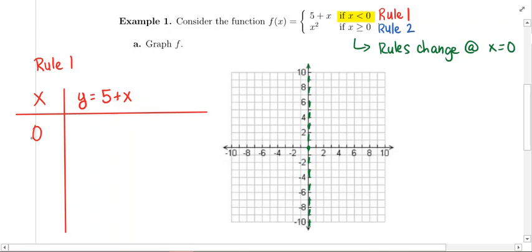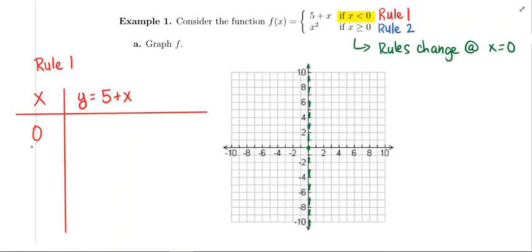The rule changes at x equals 0. I know this requirement says x has to be strictly less than 0, but to get this right, you have to put 0 in the table. So whenever you make a table, no matter for which rule, the first thing that needs to go in your table is where the rule changes.